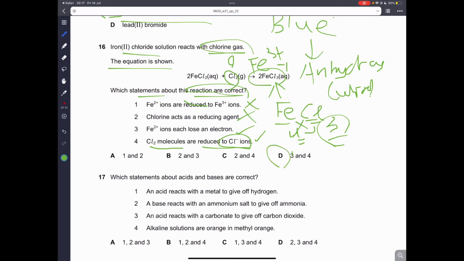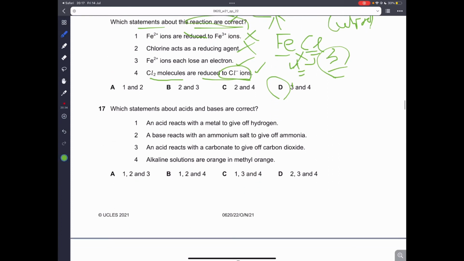Question number 17, which statements about acid and base are correct? Well, an acid reacts with metal to give off hydrogen. This is correct. The base will react with ammonium salt to give off ammonia. This is also correct. An acid reacts with carbonate to give off carbon dioxide. This is correct.